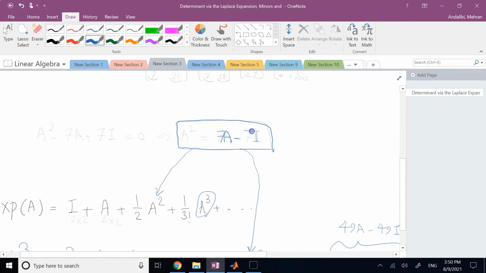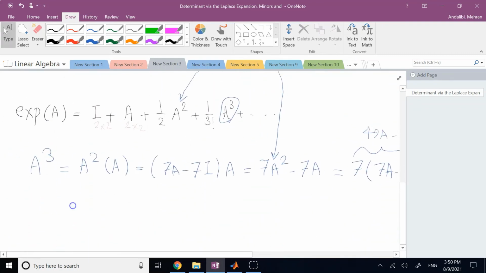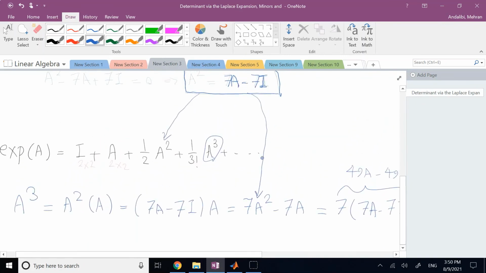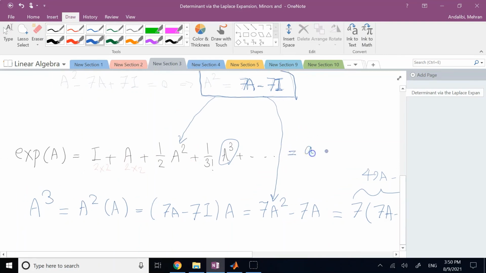A single number times A plus a single number times I. So in general, even when you keep doing it, at the end of the day, it is going to be a simple number times A plus another number times I.